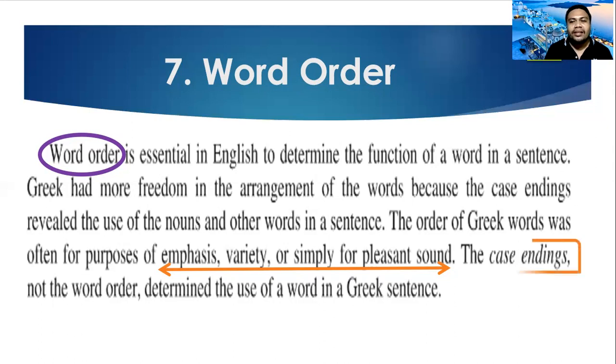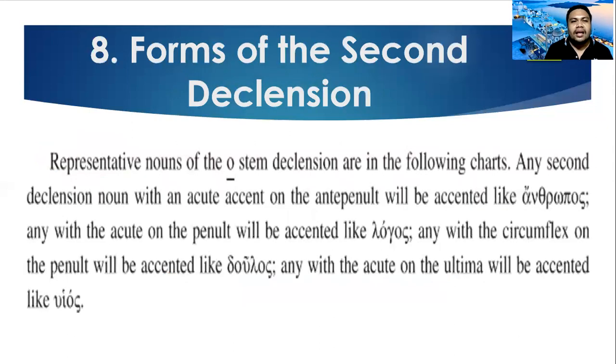So let's proceed with the forms of the second declension. Representative nouns of the O stem declension are in the following charts. Any second declension noun with an acute accent on the antepenult will be accented like anthropos. You can see the accent there, what we call the acute accent, on the antepenult: anthropos.